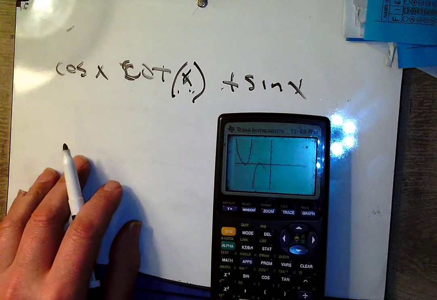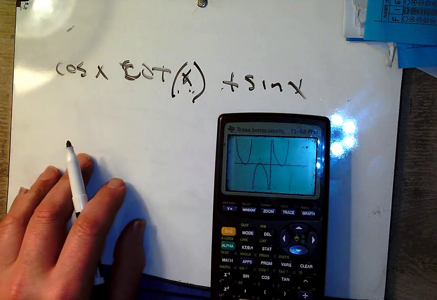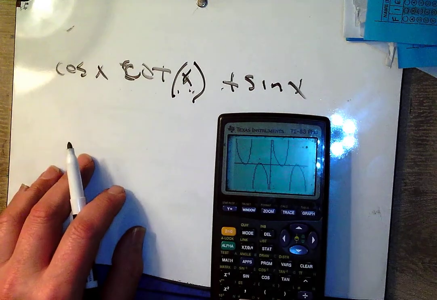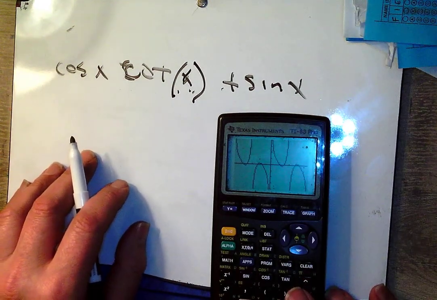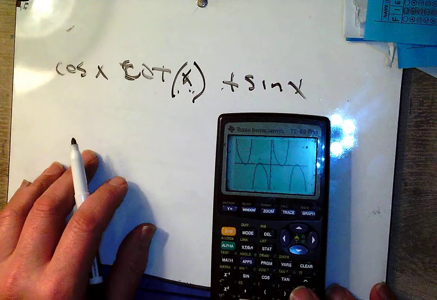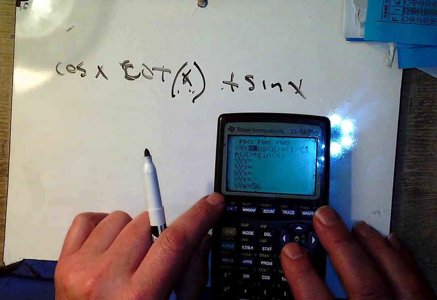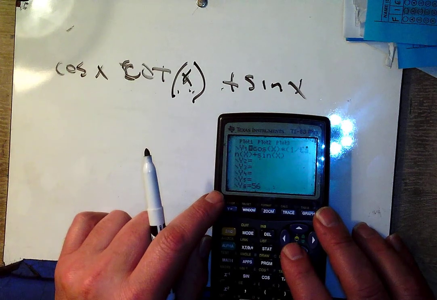So what graph is that? It kind of looks like a secant or a cosecant graph. Kinda. Yeah, let's take a look. See what we get.